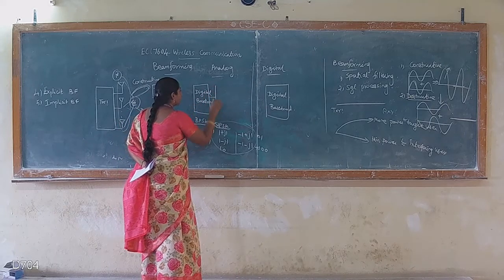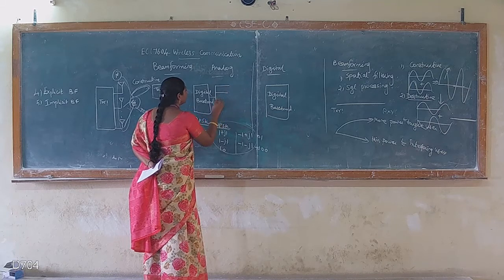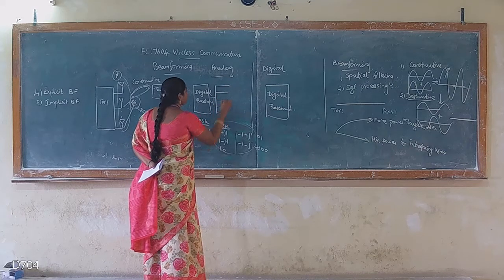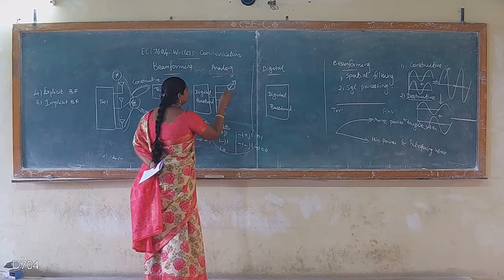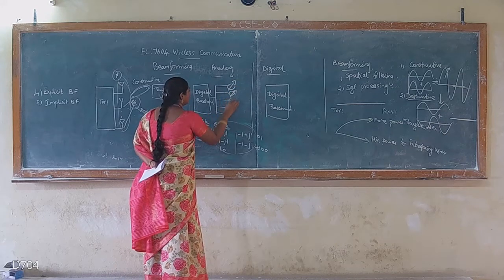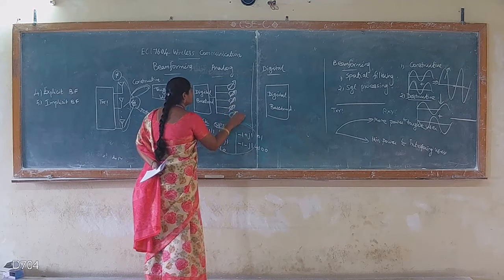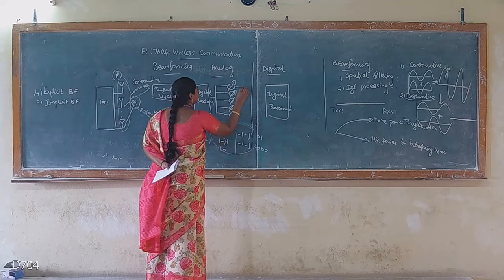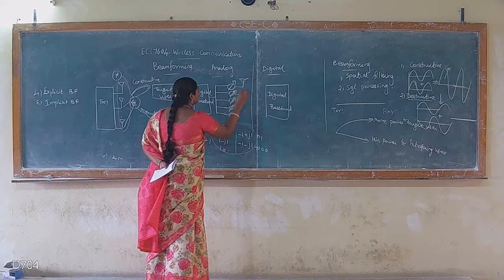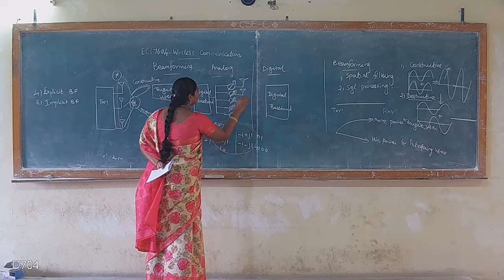That information is passed through the array of antennas, and we apply phase shifters. Every antenna element has a separate phase shifter. After phase shifting, the information is transmitted over the antenna. This is the principle of analog beamforming.